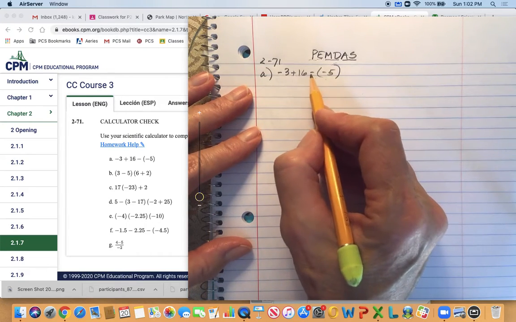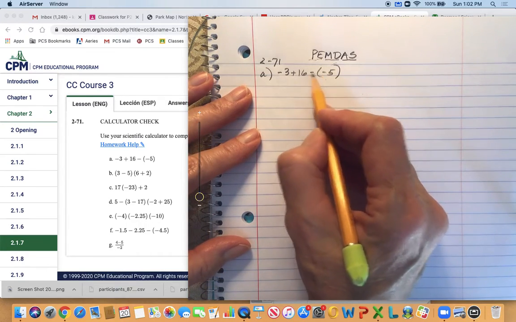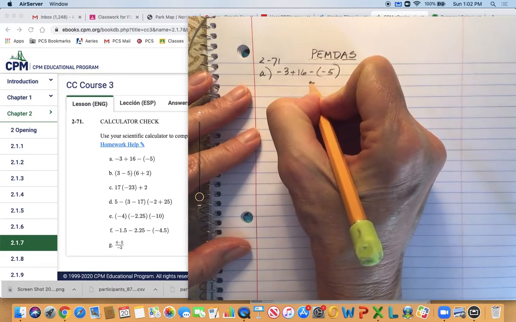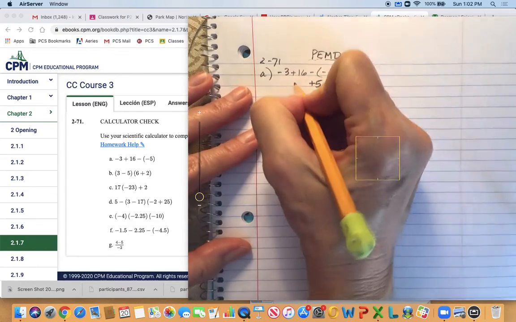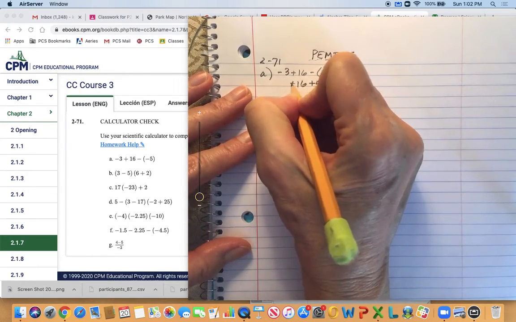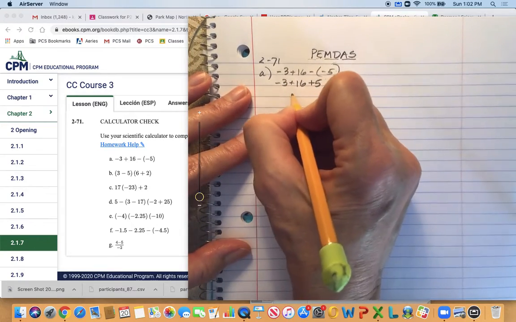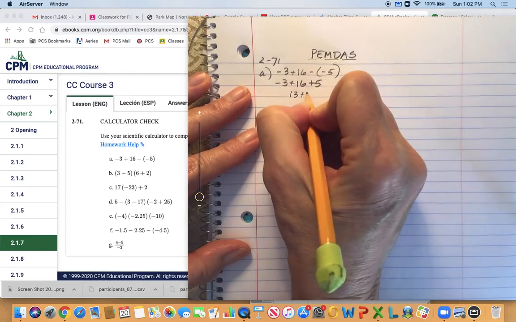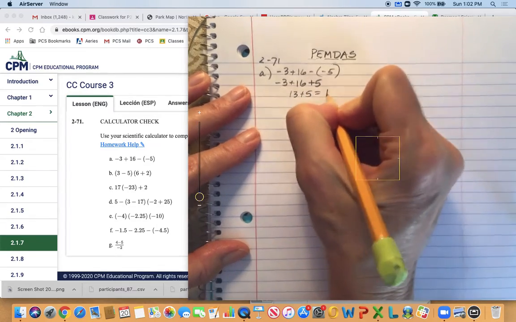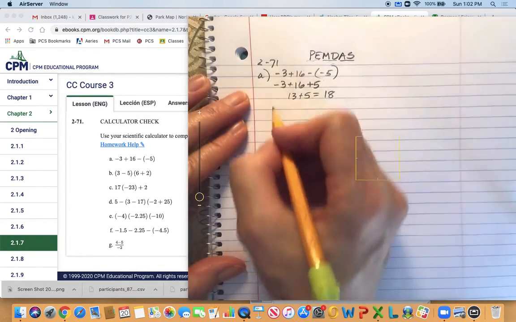By now you know that you can just flip the inside of this to make this a +5. But then we've still got 16 and -3 over here. So -3 plus 16 is 13. 13 plus 5 is equal to 18. So we're done with A.